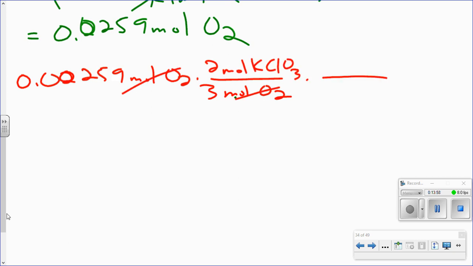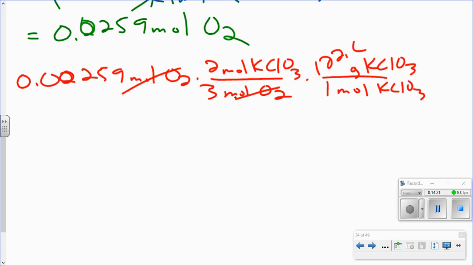That's for moles, but for mass we got to go one more step. 1 mole of KClO3 is some number of grams, and I don't know what that is, so I got to add that up very quickly: 39.1 plus 35.5 plus 48, and you end up with 122.6.